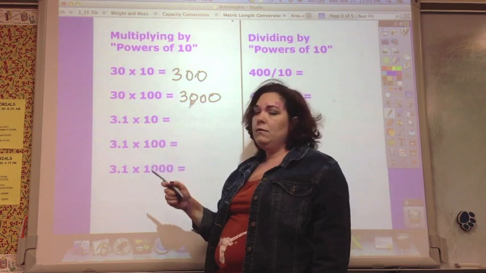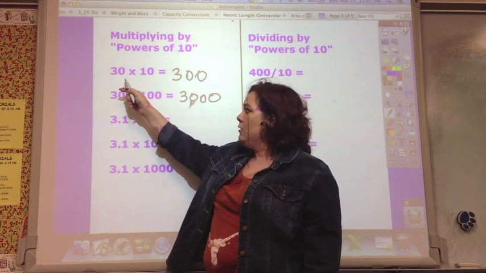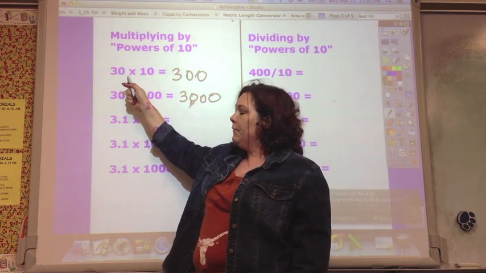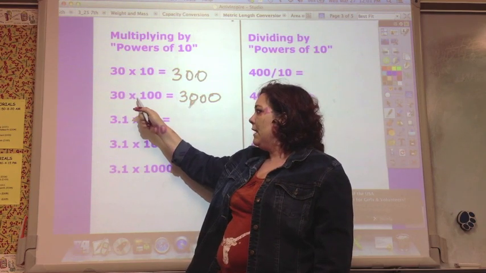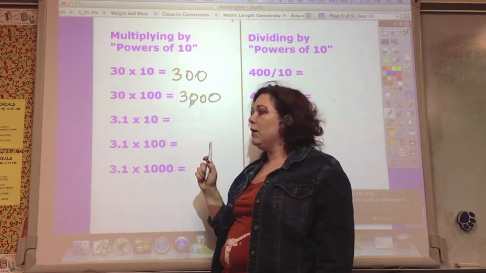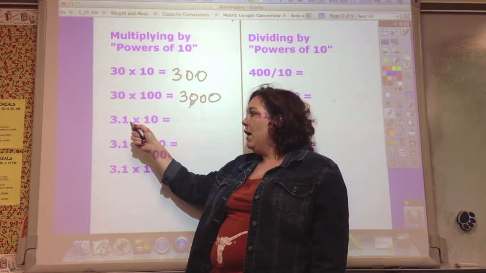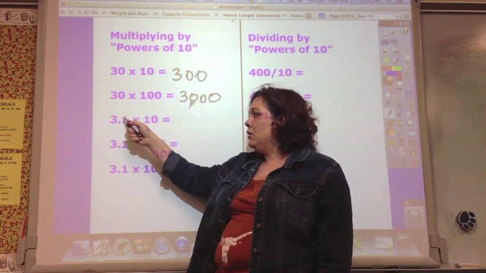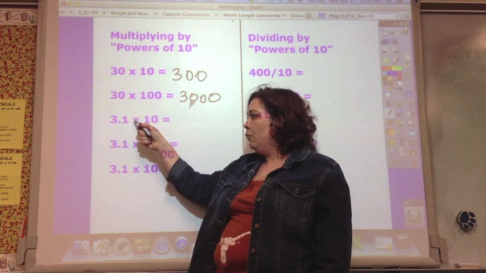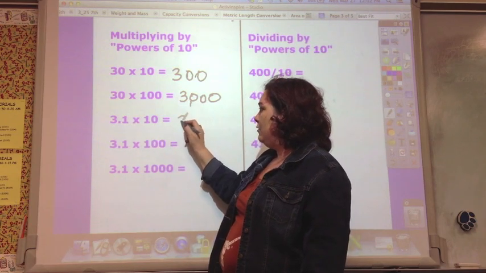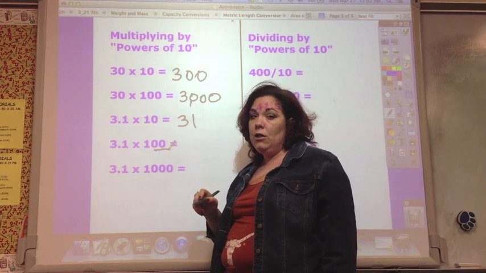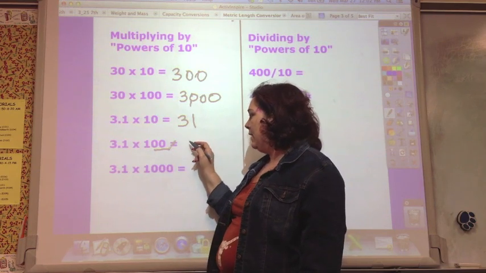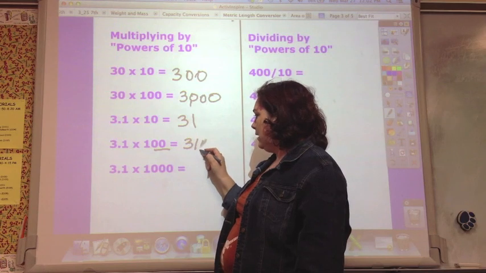Now this one, you've been moving the decimal point. You moved it 1 place over and added a 0 for 10, and 2 places over and added 2 zeros for 100. So if it's 3.1 and you're multiplying by 10, you would just move the decimal point 1 place to the right, and you get 31. For 100, you would move it 2 places to the right, and you would get 310.